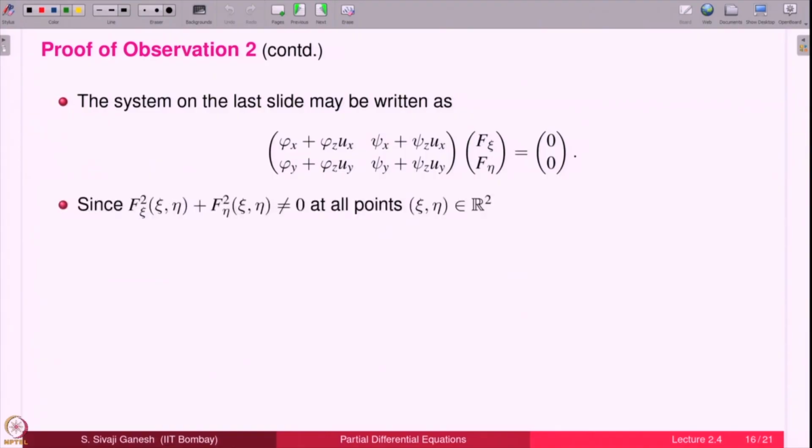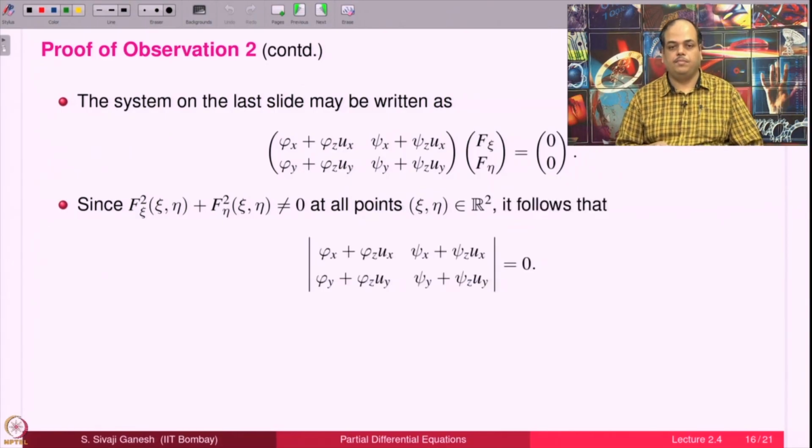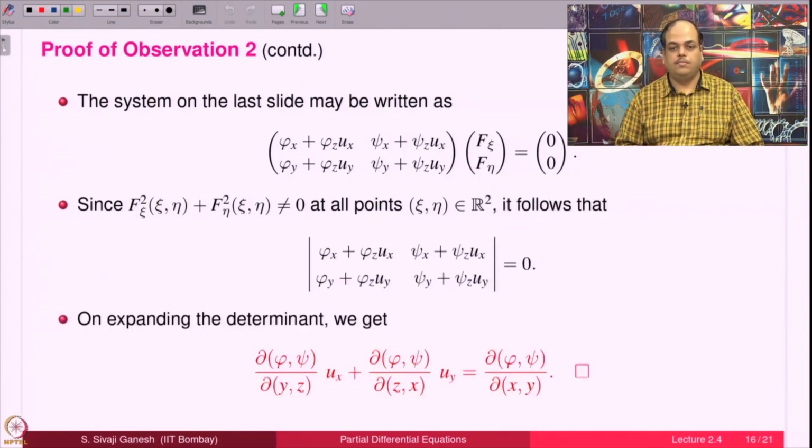Now, we have assumed that f xi and f eta cannot both be 0 simultaneously, which means this homogeneous system has a non-trivial, non-zero solution. It means that the determinant of this is 0. And if you expand, this is what we get.